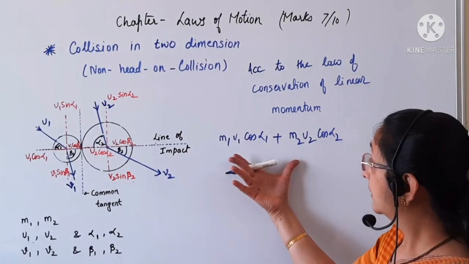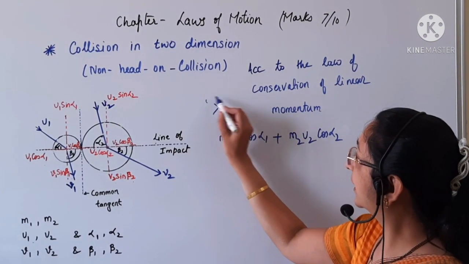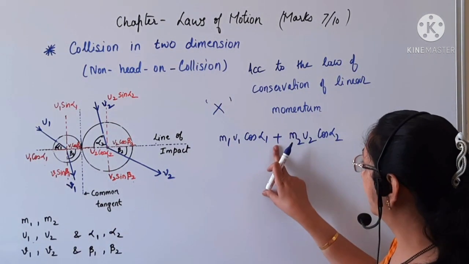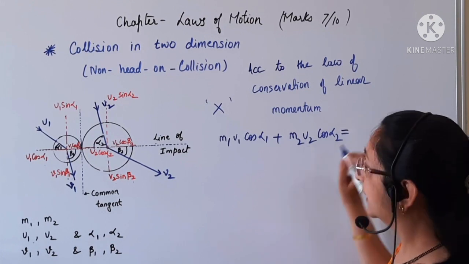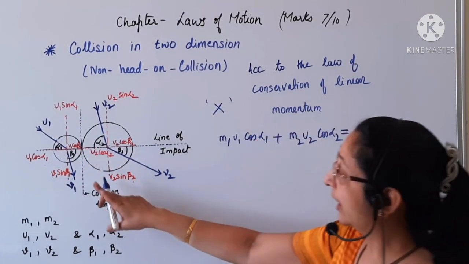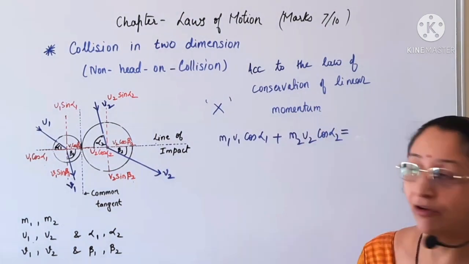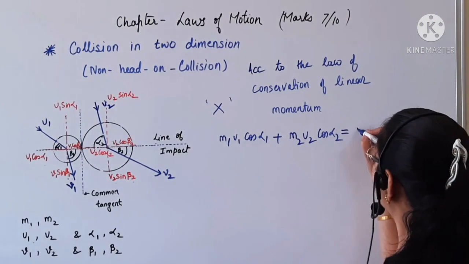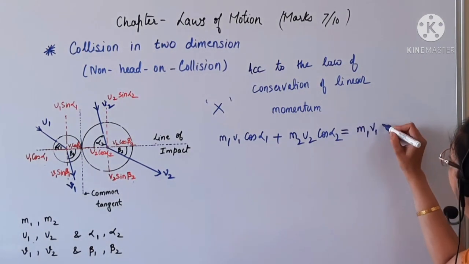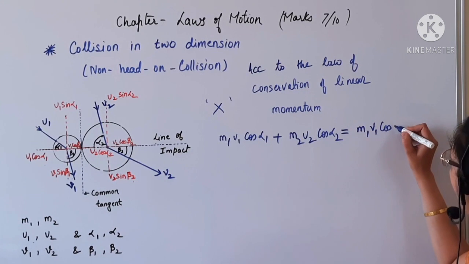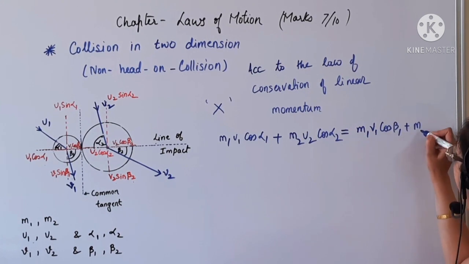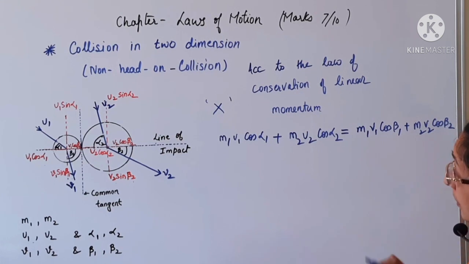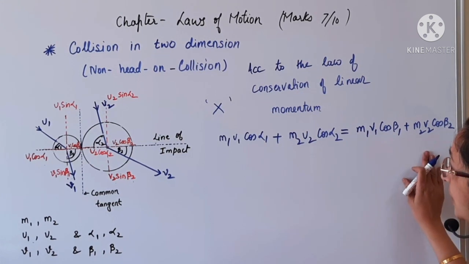We are considering this along the x-axis. So m1 u1 cos of alpha 1 plus m2 u2 cos of alpha 2 is equal to their final momenta along the line of impact, that is, along the x-axis. So this is m1 v1 cos of beta 1 plus m2 v2 cos of beta 2. So this is the equation.